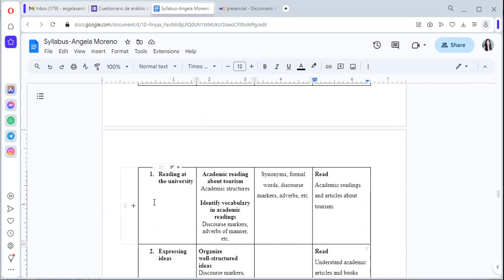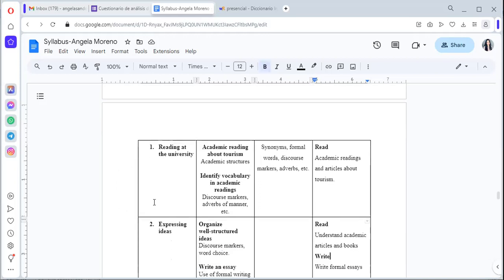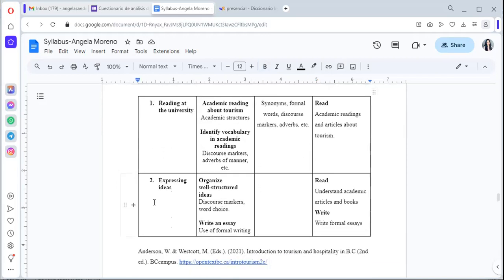And also, he's going to identify vocabulary in academic readings, vocabulary such as discourse markers, adverbs of manner, etc. He's going to learn synonyms, formal words, discourse markers, adverbs, etc. And he's going to train the reading skill with academic readings and articles about tourism.